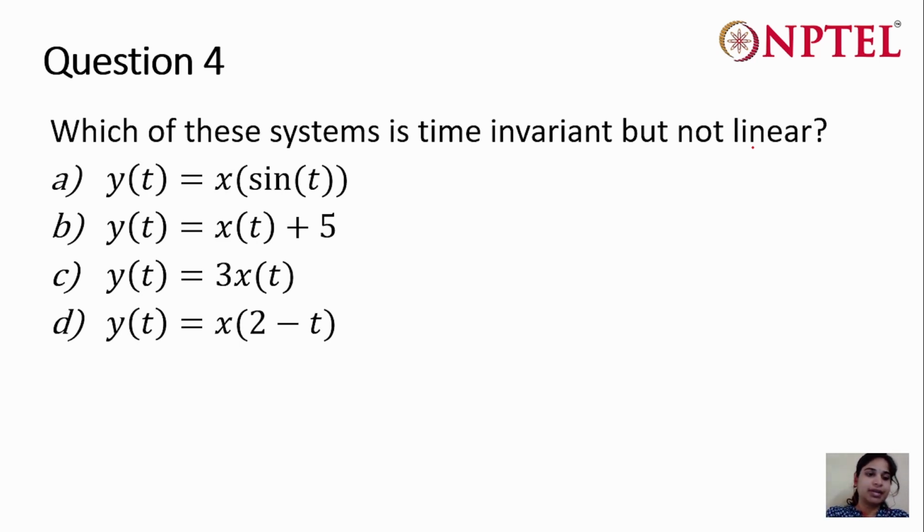So directly you can eliminate this. And then we are looking into time invariance. So with that, how do you shortlist your options? And then finally you try to see which system is time invariant but it is not linear.